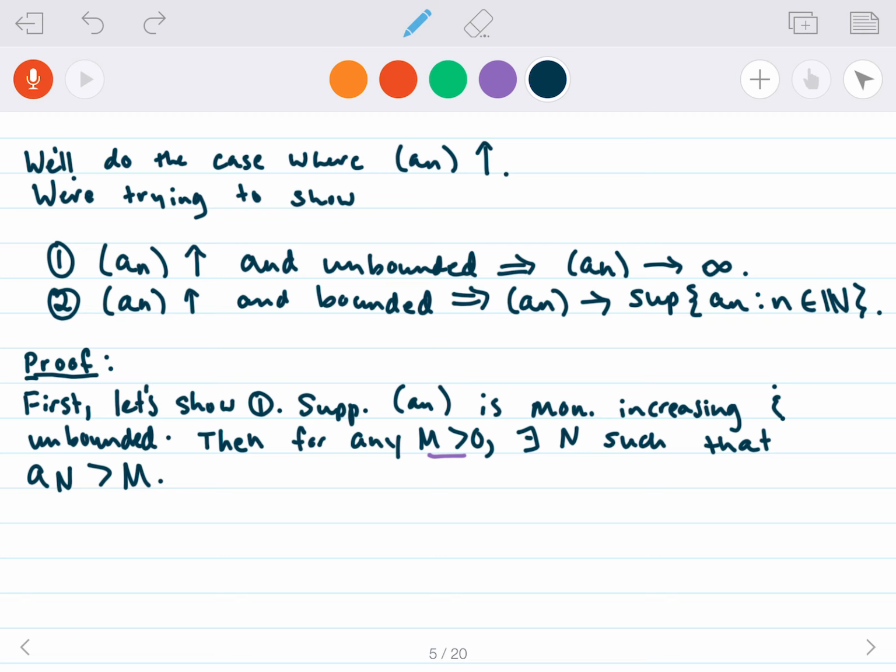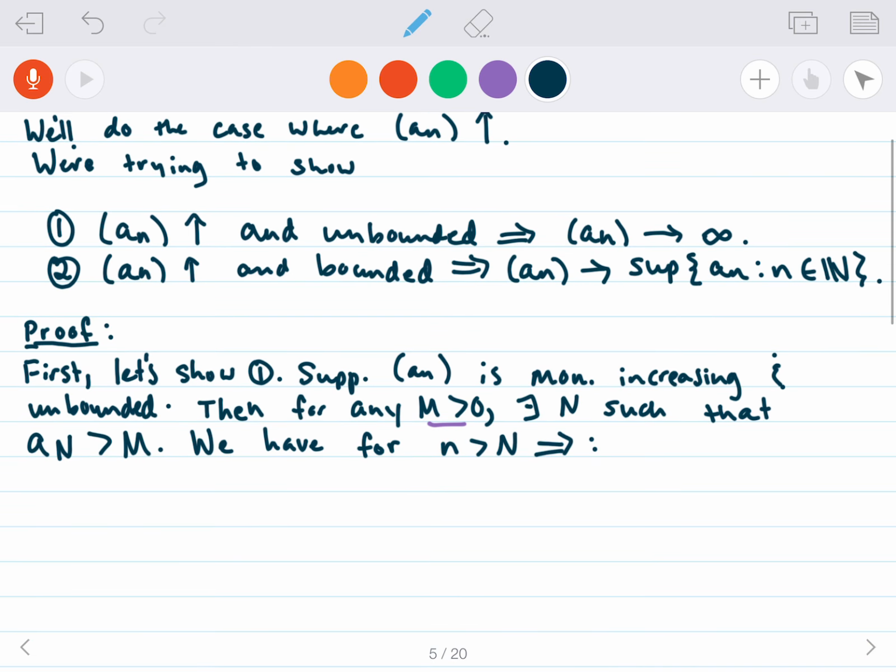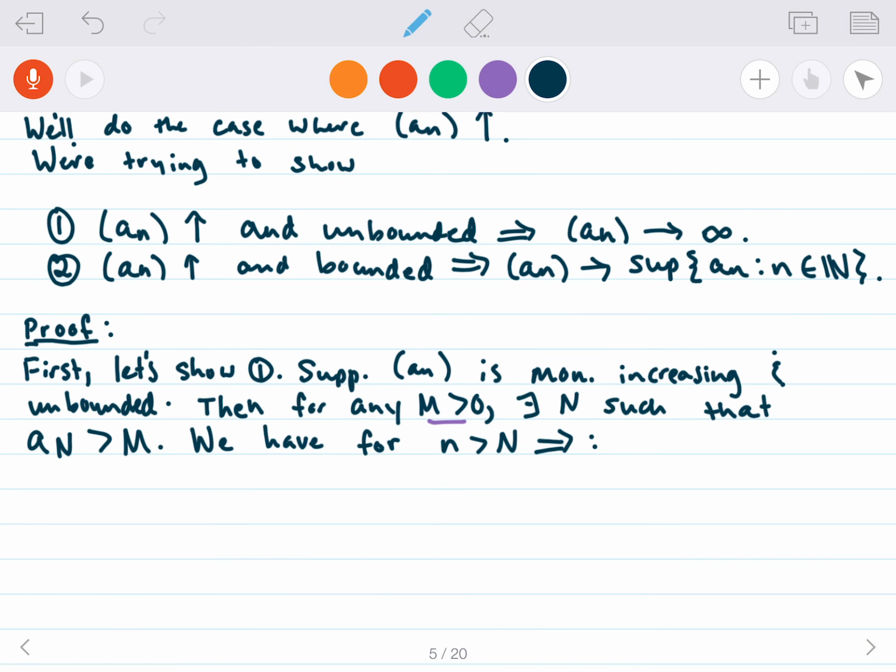So we have the following. For little n bigger than capital N, this implies, well, remember this thing is increasing, so the previous term is always going to be smaller than or equal to the next term.